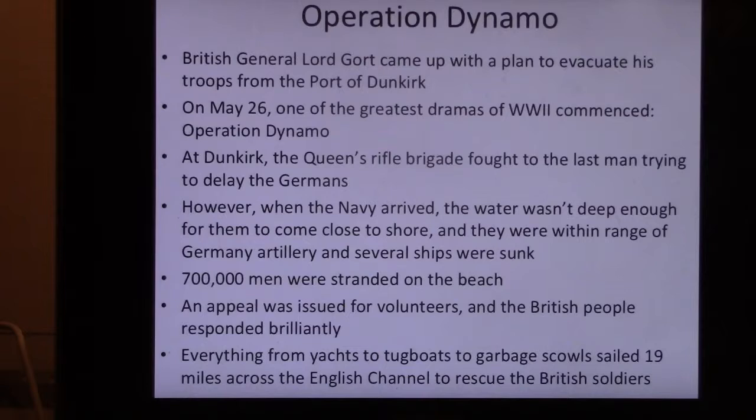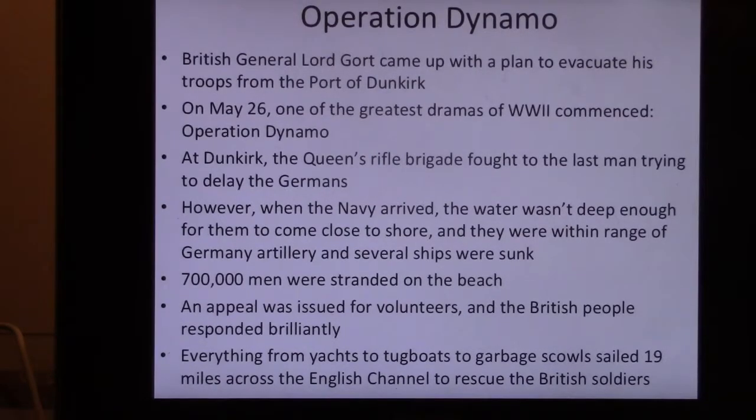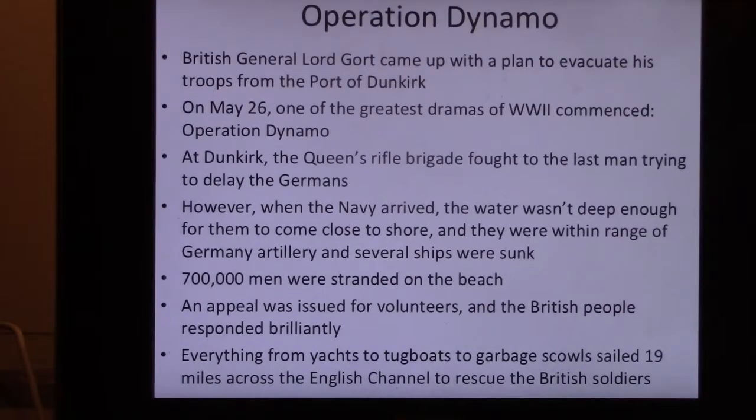Around Dunkirk are 8 canals with earthen dams and dikes. We will fall back trying to delay the Germans while you guys escape. The Queen's 1st Rifle Brigade, you can't say enough about their valor.